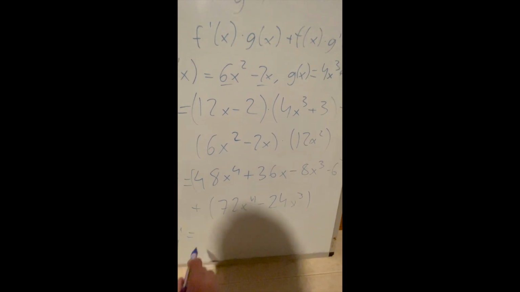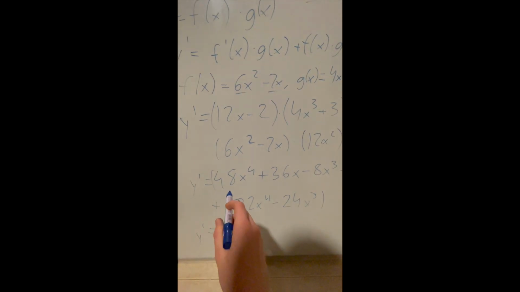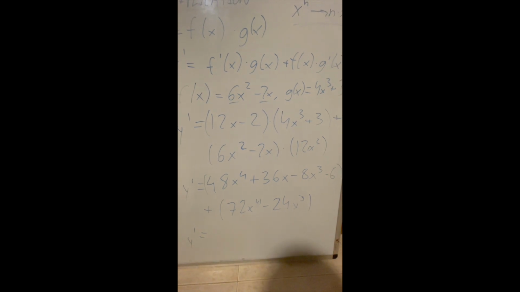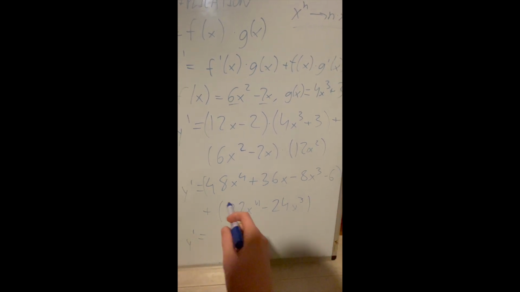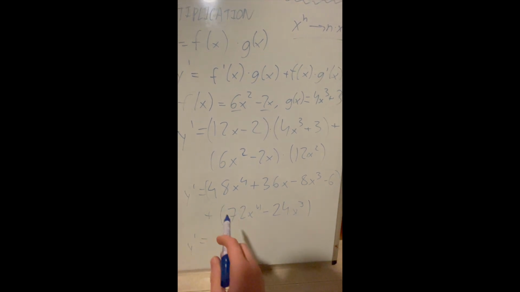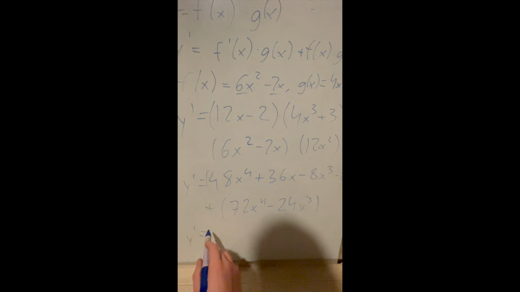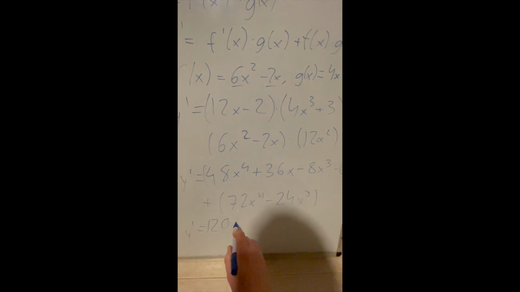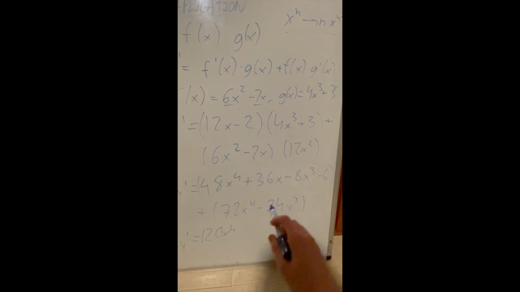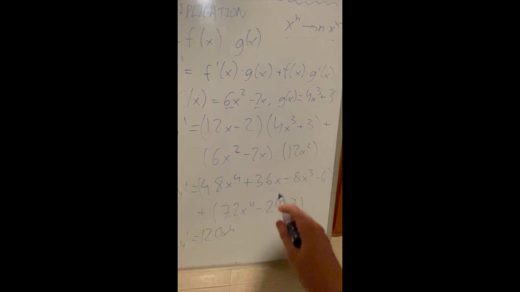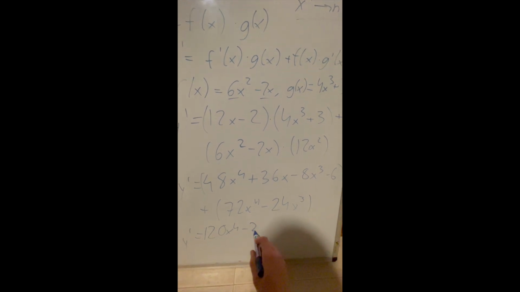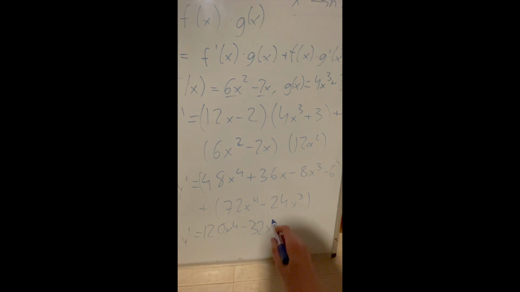And therefore, we simplify this. Y prime is equal to, we have a 48x to the power of 4 here plus a 72x to the power of 4. If we add this, 48 plus 72, that will be 120x to the power of 4. We have here minus 8x to the power of 3 minus 24x to the power of 3, minus 8 minus 24 is going to be minus 32, if I'm not mistaken, minus 32x cubed.